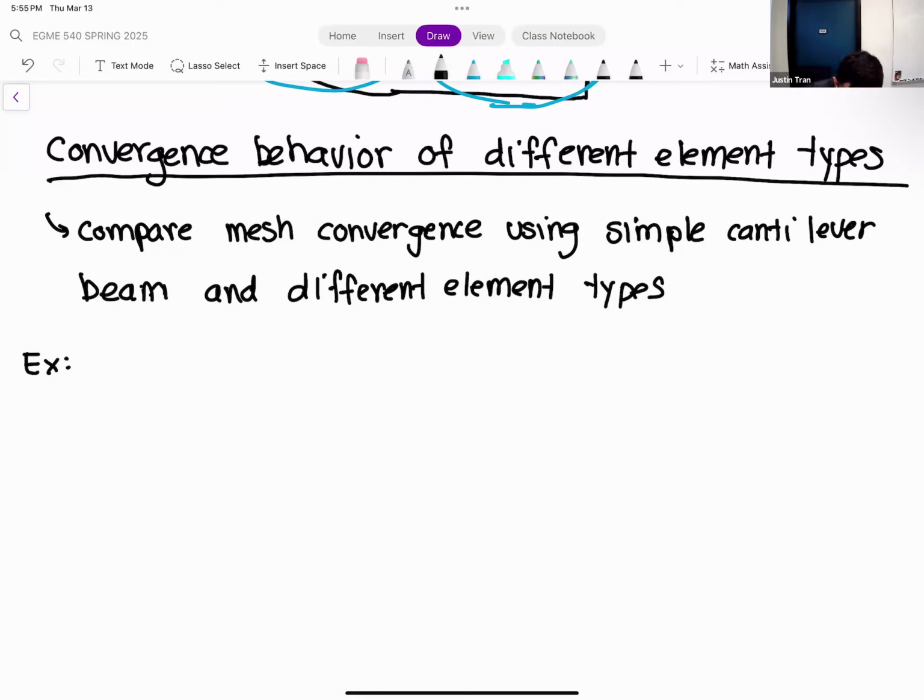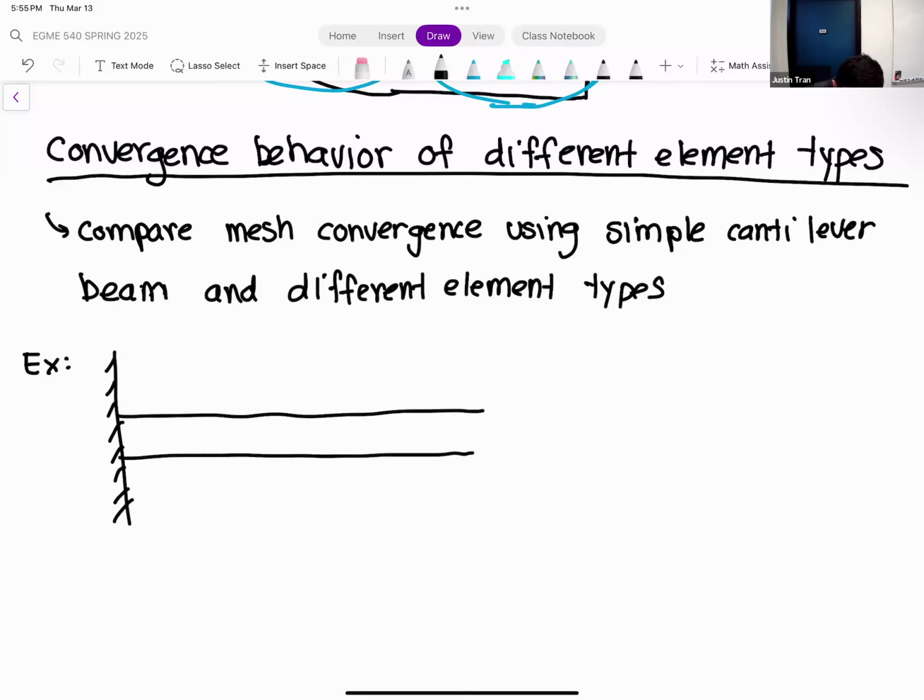So a cantilever beam is one where we have a fixed support on one side, and a beam that comes out. It's a three-dimensional beam, so we're not doing a 2D simulation here. And we have a load that's being applied right at the end, and it's a bending type load. Okay, so very simple geometry, very reminiscent of our ANSYS activity too, except with a simpler geometry here.